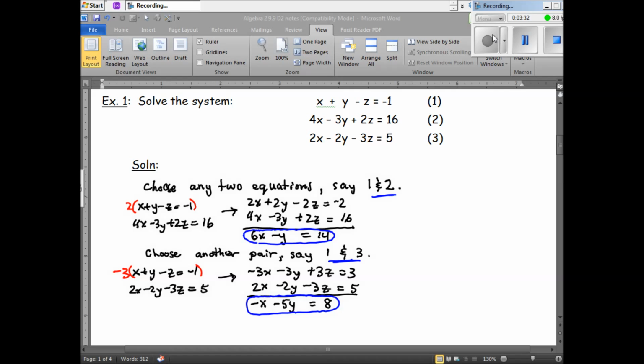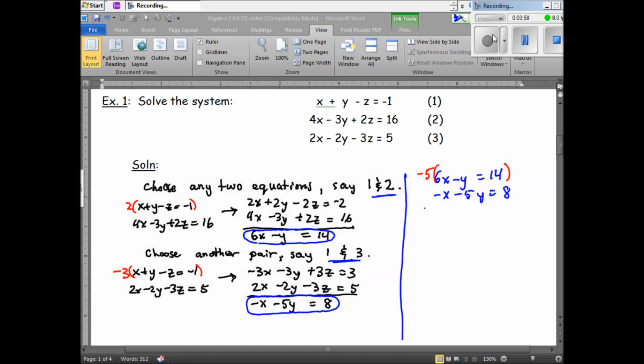So I'll do my work over here in blue. So now I'm going to take 6x minus y equals 14 alongside with -x minus 5y equals 8. And I'm going to use this to eliminate y. So I'm going to multiply my first equation by -5.